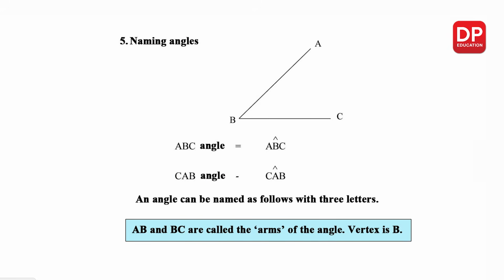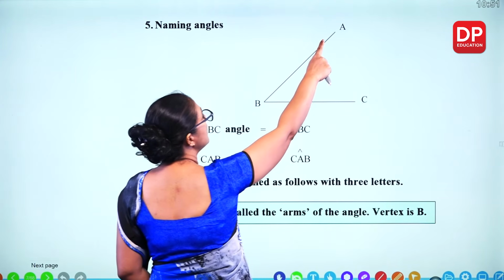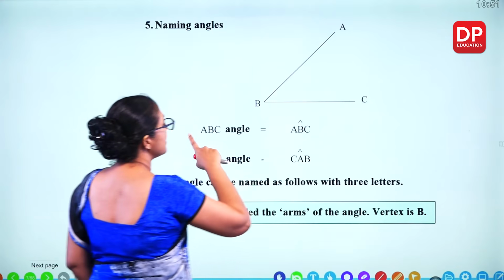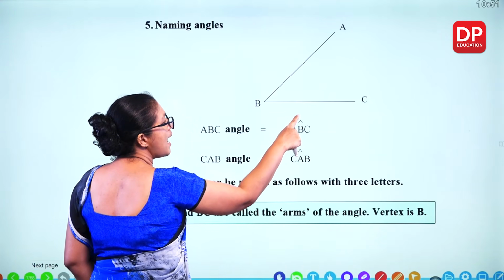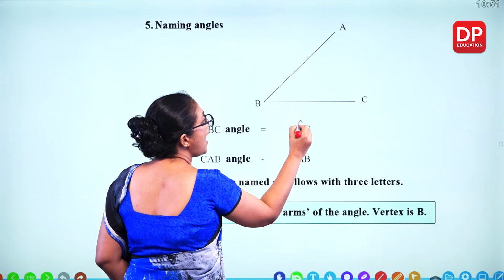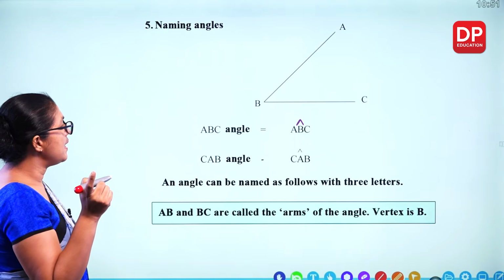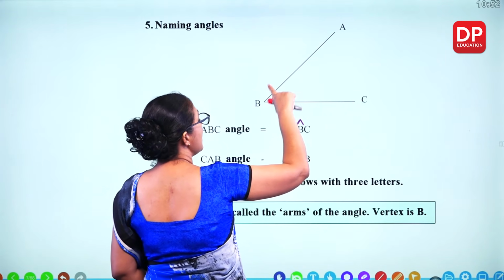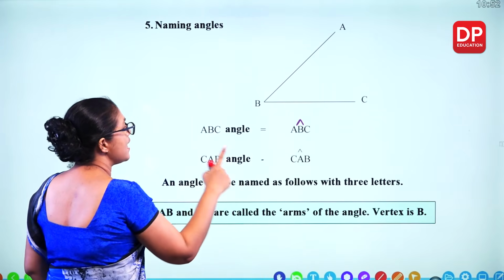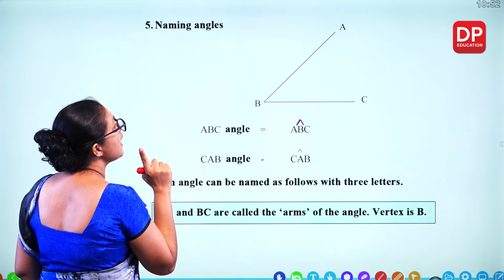Naming angles, how we name angles. Look at this one diagram, angle ABC. We can write the angle here at B, and we can put a hat like this to represent the angle B. Or you can start from here, CBA. CBA is the angle, not CAB.